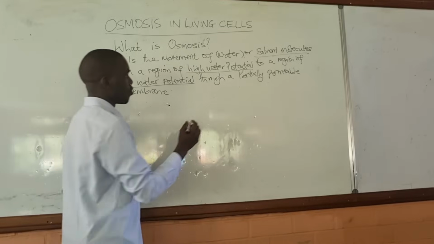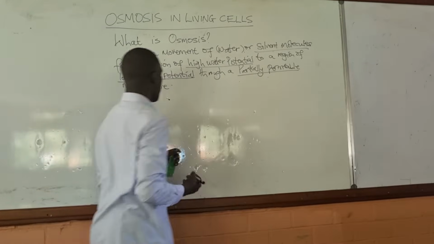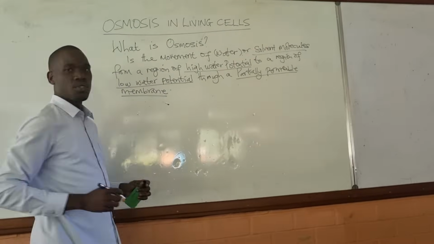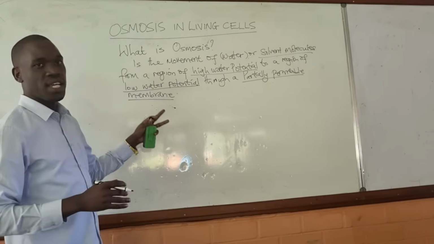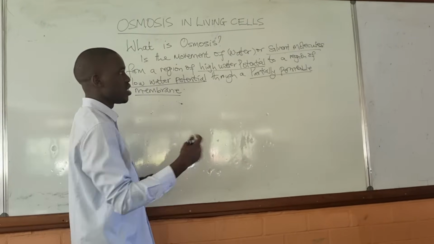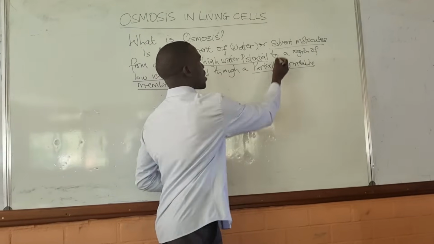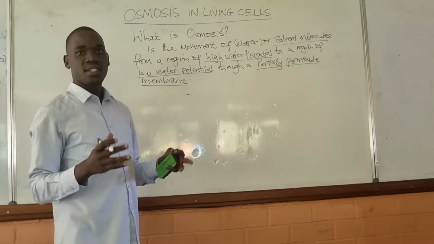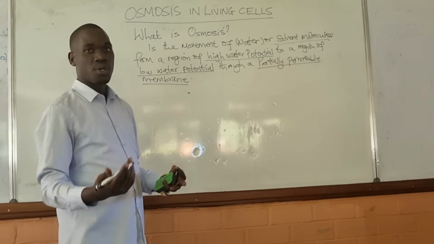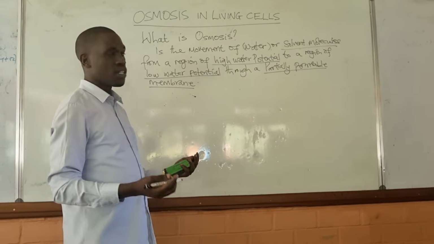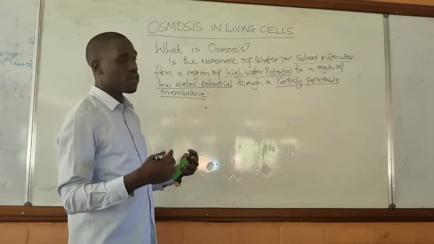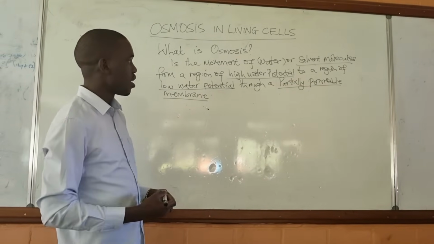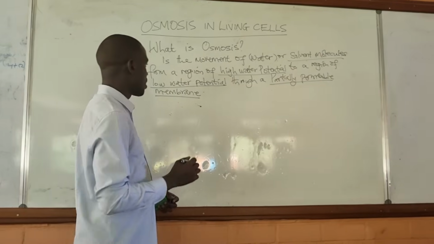Then the meaning of a partially permeable membrane. When we talk about solvent molecules, we first understand the meaning of a solvent. A solvent is a substance that dissolves a solute, and a solute is a substance that dissolves in a solvent. An example of a solvent is water.